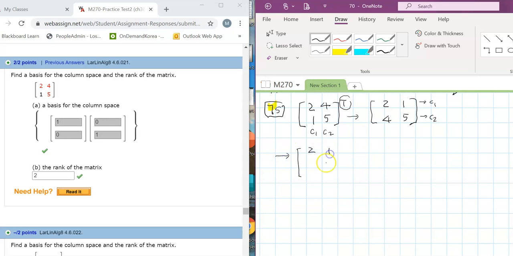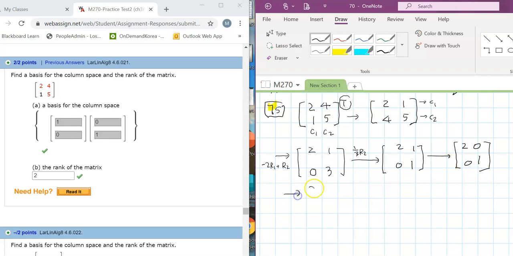So 2, 1, and then it's going to be 0 because -2 R1 plus R2. So it's going to be 3. And then 1/3 R2, 2, 1, 0, 1. And obviously 2, 0, 0, 1, go to 1, 0, 0, 1.